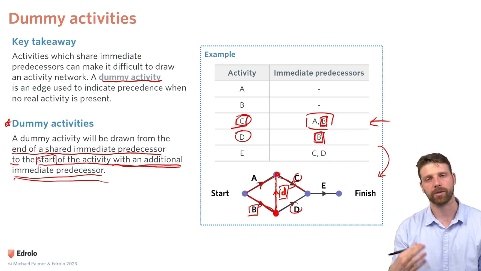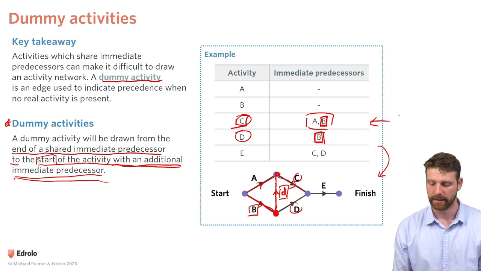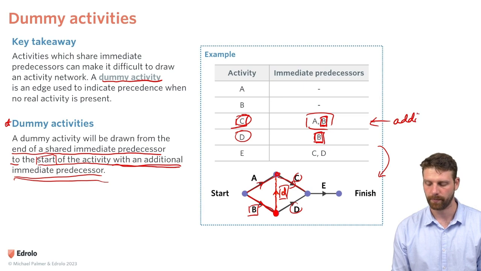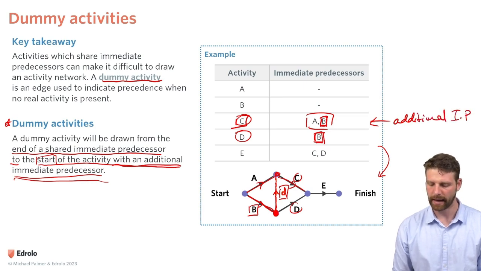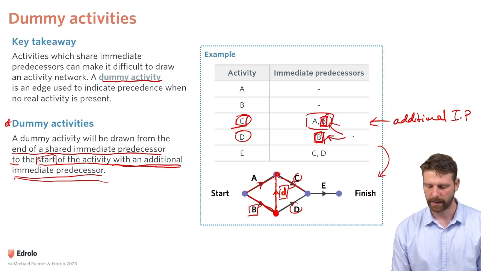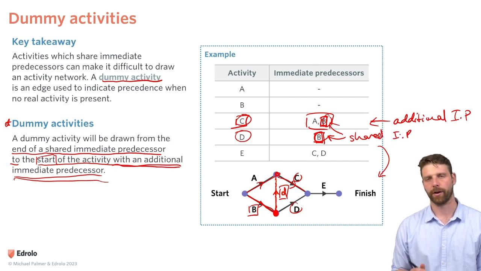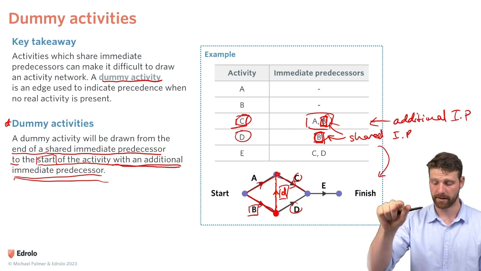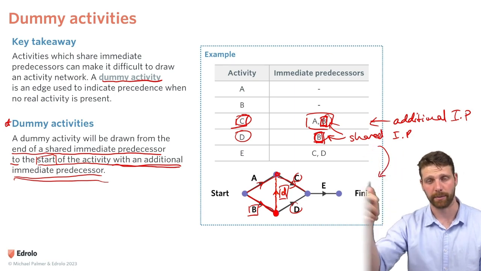And this is what we look out for in a precedence table to indicate that we have to draw a dummy activity. Have we got an additional immediate predecessor? And is there a shared immediate predecessor? And if so, you draw the dummy activity from the shared one to the one that has additional immediate predecessors.